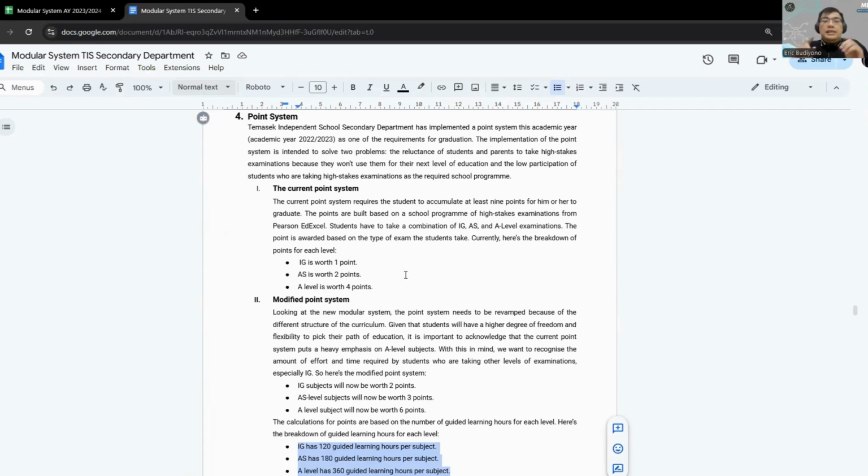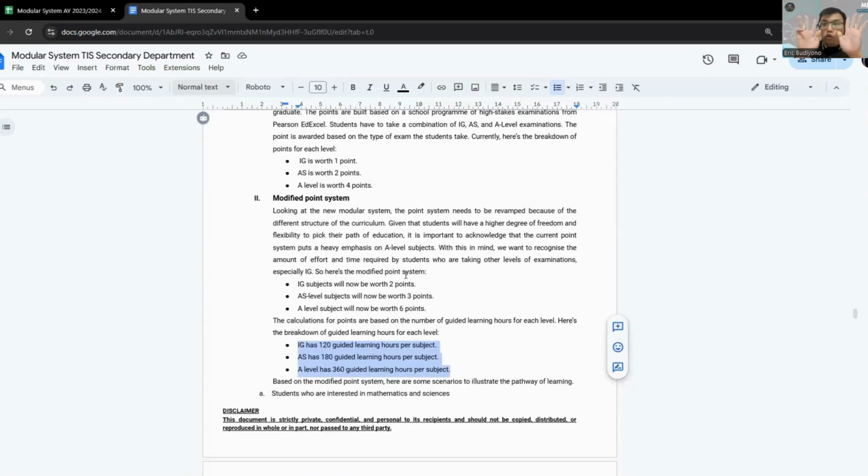We believe that 18 points by the time they are in grade 12 should be enough. That means that in order to graduate from Temasek Independent School grade 12, one student either takes 9 IGCSE subjects, or only 3 A-level subjects.